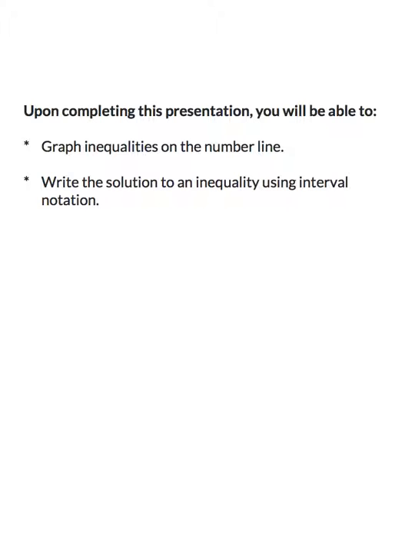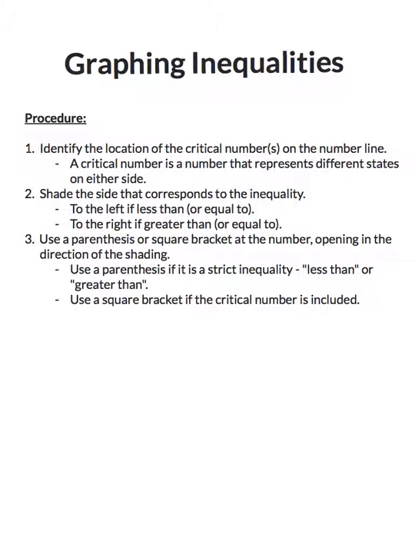Interval notation is something that you've probably never seen before, and so this will be a new concept. So, the first thing that we want to talk about is graphing inequalities. I'm going to go through the procedure here, but we will review it as we start looking at problems.